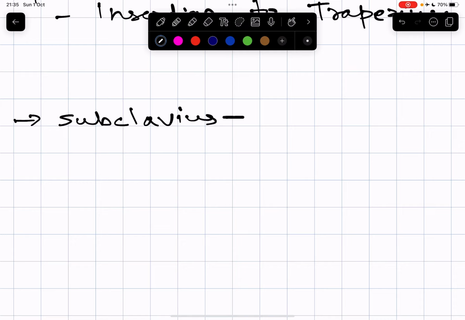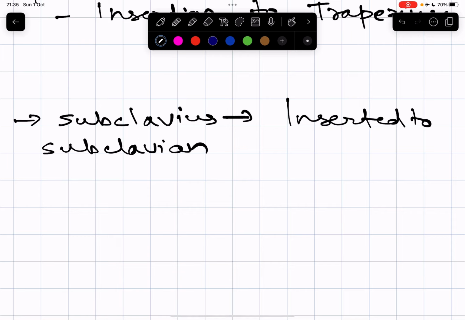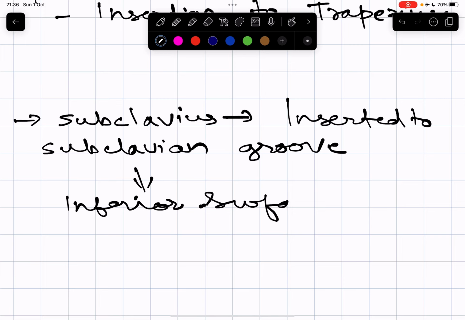So the subclavius muscle is actually inserted to the subclavian groove. This subclavian groove is present on the inferior surface of middle one third of the shaft.